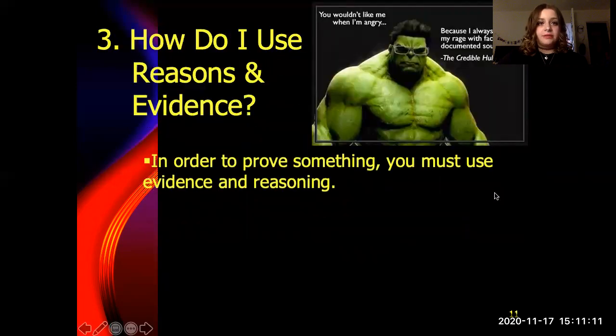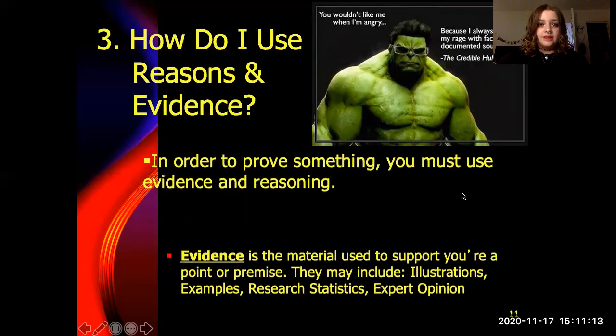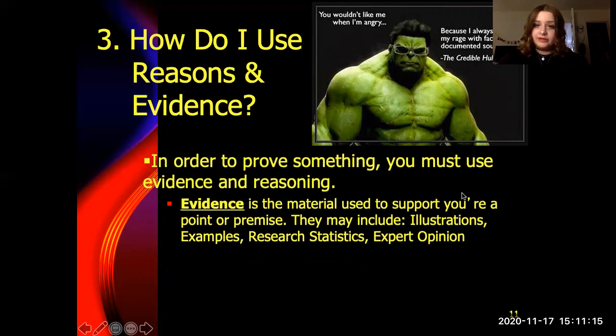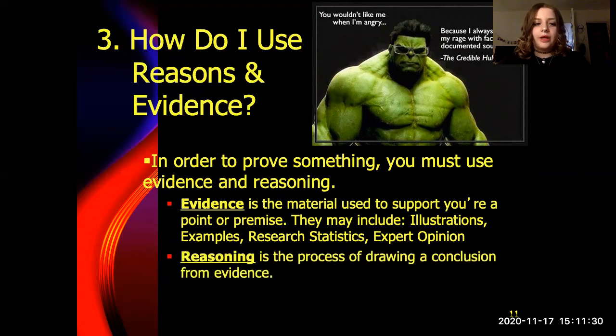And so using reasons and evidence. In order to prove something, you must use evidence and reasoning. So evidence is any material used to support your point or premise, including illustrations, examples, research, statistics, opinions, which will help the audience reason, which is the process of drawing conclusions from evidence.